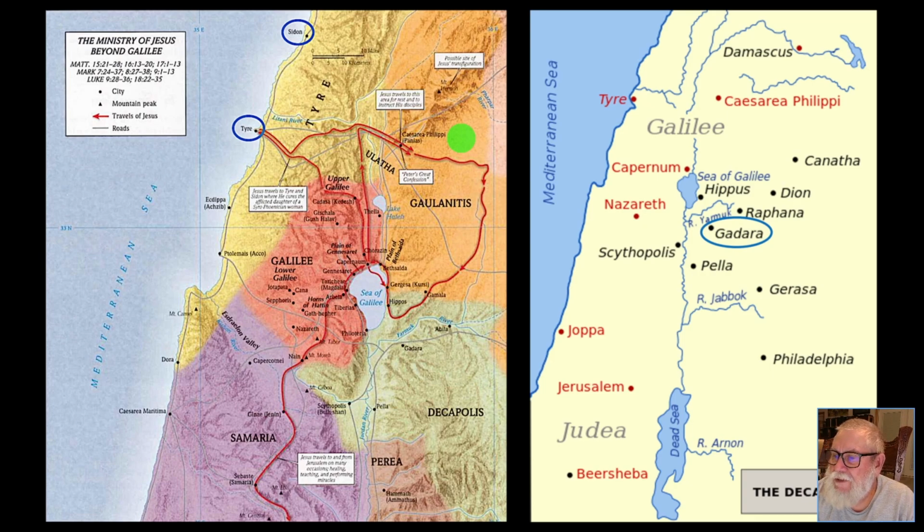Anyway, before we leave these maps, two things. Gadara, one of the Decapolis, was where Jesus went. He sailed from Capernaum down to somewhere around here and went to the land of the Gadarenes.